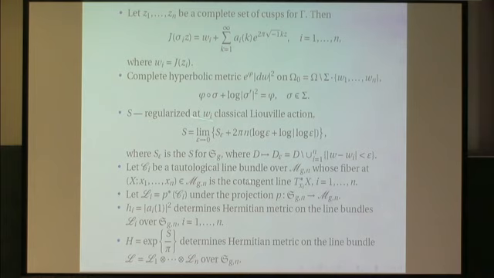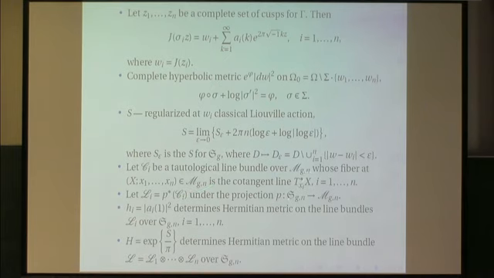Then this action defines a function on this Schottky space, and actually this action S is no longer a function on a Schottky space, but in fact it determines a Hermitian metric on the following line bundle. You consider tautological line bundles over the moduli space.